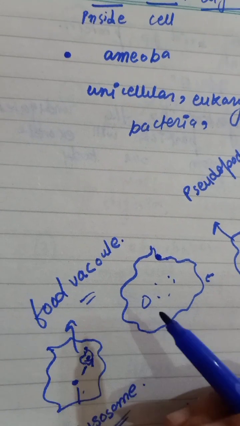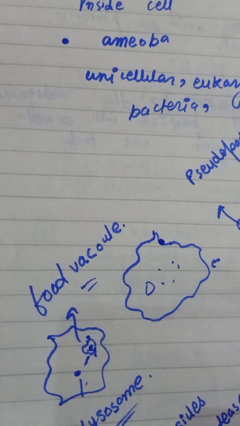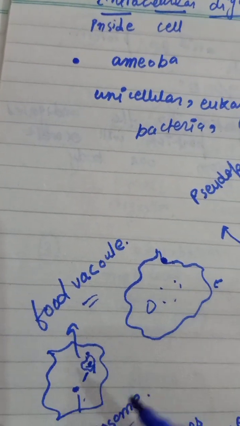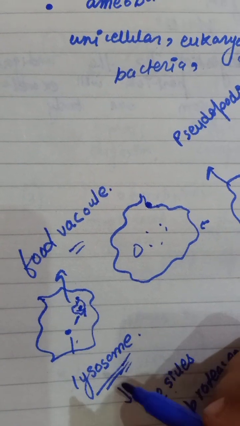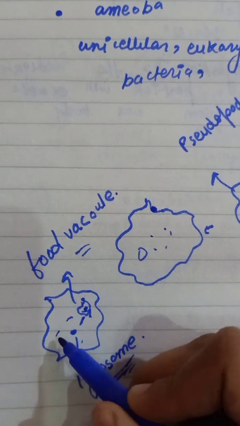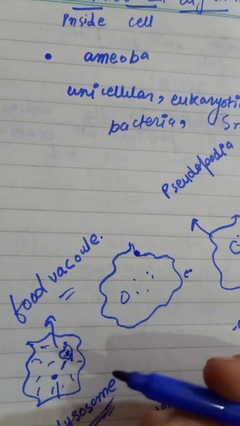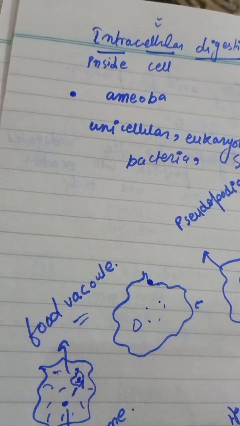So the digestive vacuoles will be moved toward the cytoplasm. The lysosome will be breaking down the food, and the food molecules will be moving to the cytoplasm. The cytoplasm canals are basically diffusible; they have an ability to diffuse.